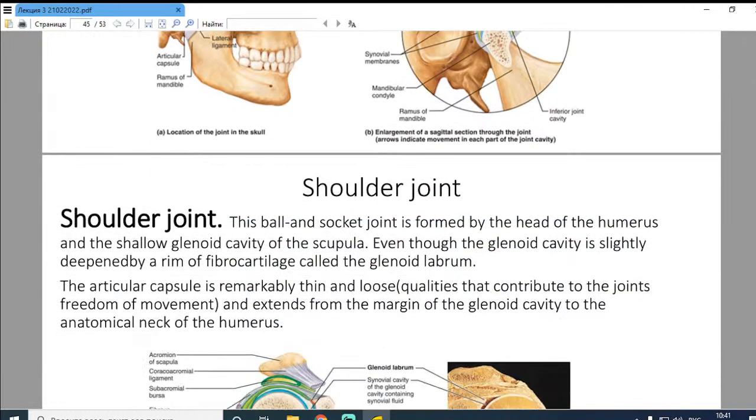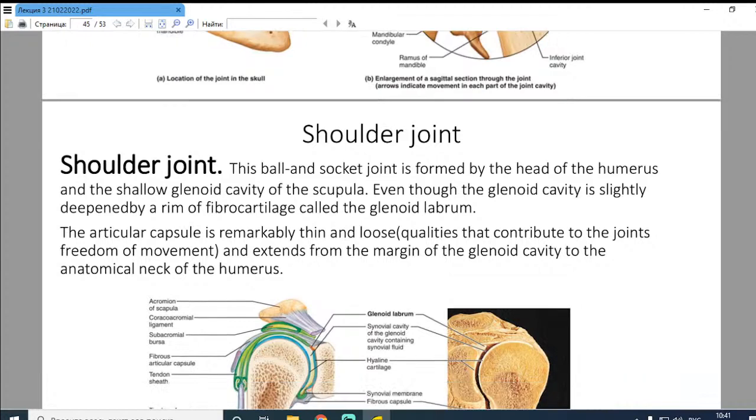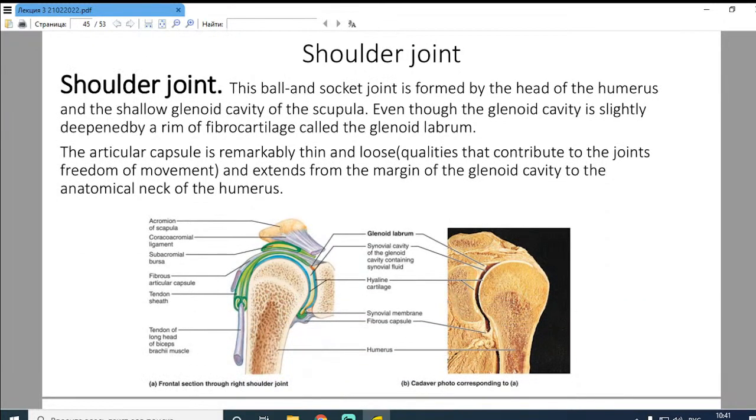Next example, the shoulder joint. This ball and socket joint is formed by the head of the humerus and the shallow glenoid cavity of the scapula.